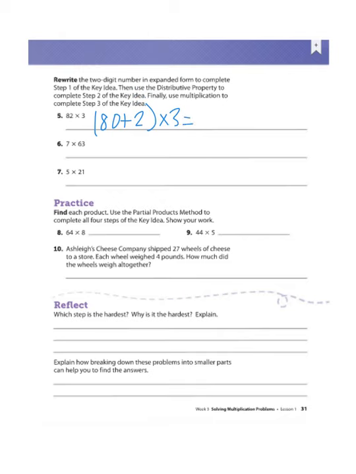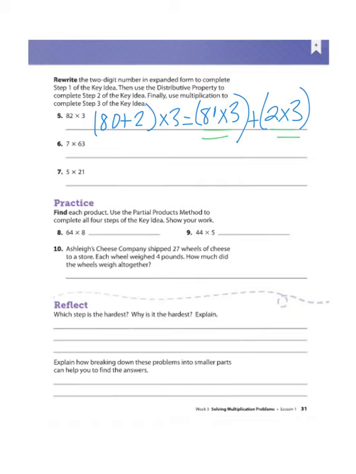So now this becomes 80 times 3 plus 2 times 3. Okay, now I'm going to do step 3. So step 3 is you are actually going to solve 80 times 3 and 2 times 3.